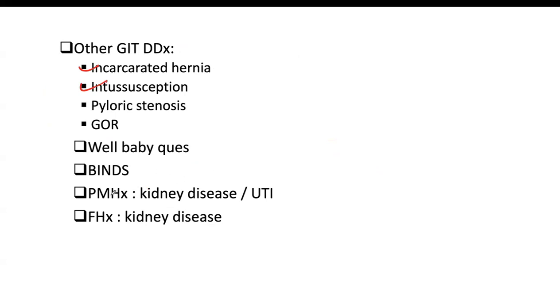Finish with well baby binds, and then past medical history: you should ask directly about past medical history of any kidney disease or any urinary infection, and any family history of kidney disease. Many times it is very difficult to diagnose UTI in a child, especially because the child can't say that it hurts when they pass urine.